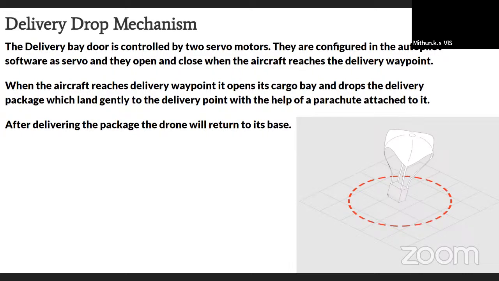When the drone goes near the delivery location, it drops the product which the customer has ordered. When the drone drops the order, a parachute opens, which helps the product to land gently. In turn, this does not harm the product, and the product safely goes to the customer.